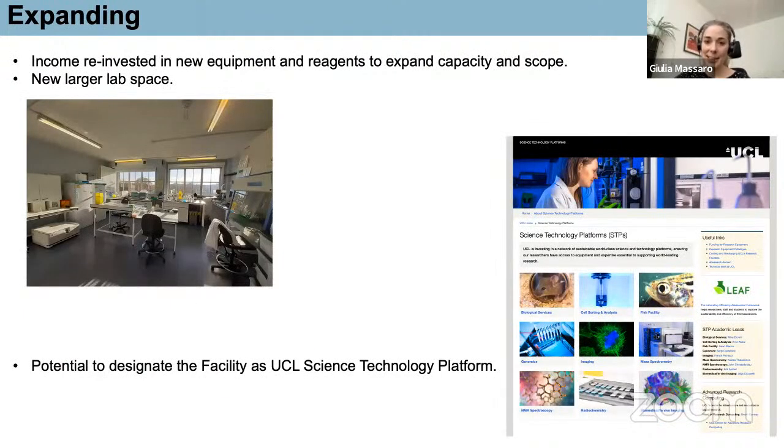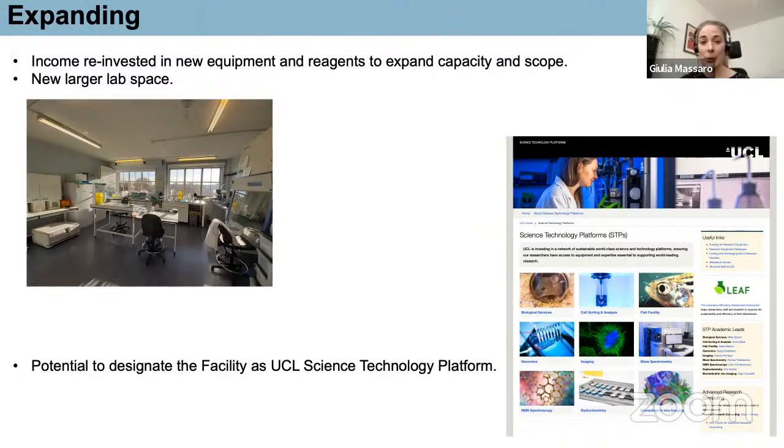So the facility has been very successful, and the income of the first year and a half has been invested in reagents and new equipment, and we decided to expand the facility, not just in scope and capability, but physically. We moved one door down to a nicer, larger lab with windows. This allows us to accommodate a wider use space.